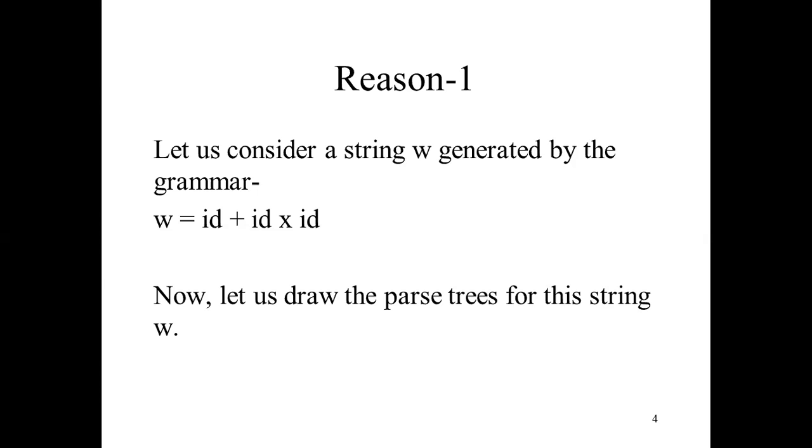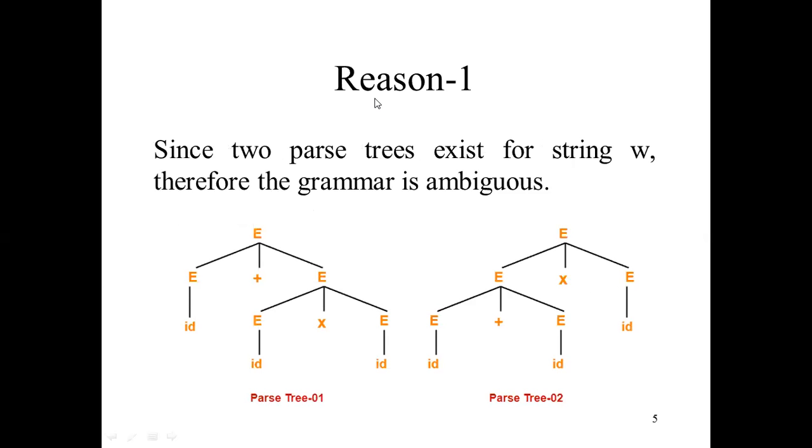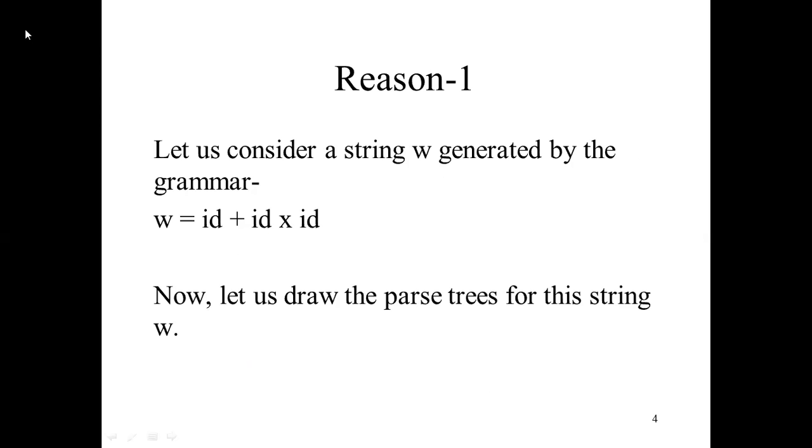So here we have a string: W is equal to ID plus ID into ID, where into is the sign of multiplication. So this is a sort of string, or we can say an expression.